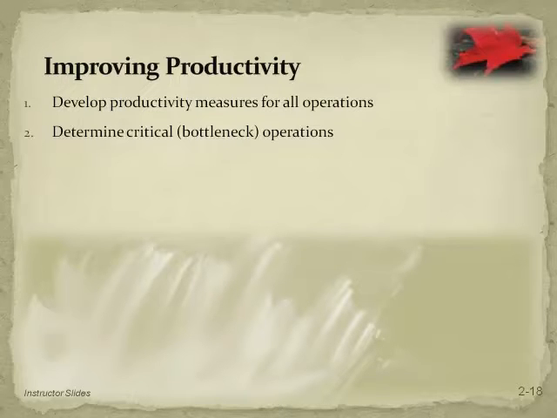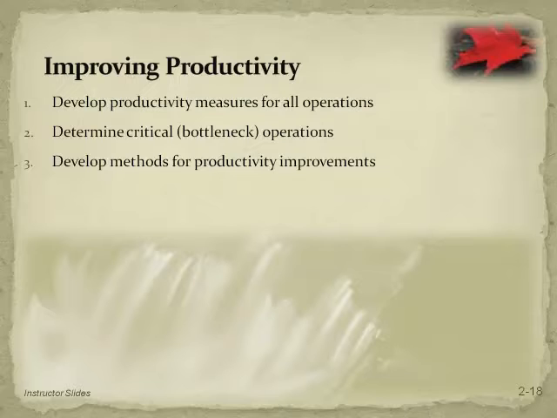It tends to be a constraint. It tends to control the overall output of that particular product. So know what your bottlenecks are and try to reduce those bottlenecks as much as we possibly can. Make sure we have a method for improving productivity.